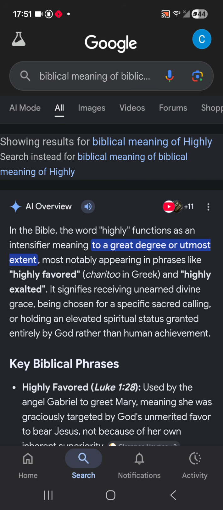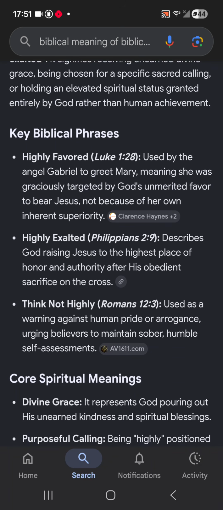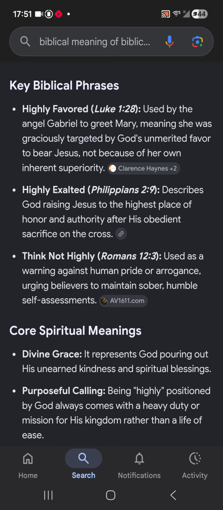It signifies receiving undeserved divine grace, being chosen for a specific sacred calling, or holding an elevated spiritual status granted entirely by God rather than human achievements. The biblical phrases: Highly favored, Luke 1:28, used by the angel Gabriel to greet Mary, meaning she was graciously targeted by God.